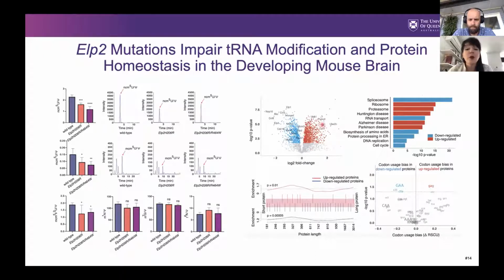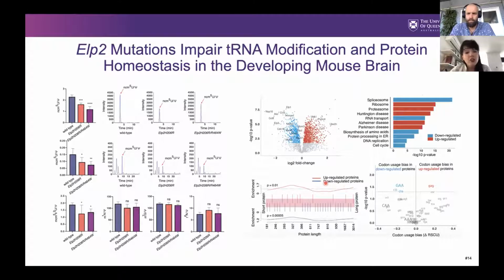Among upregulated proteins are those that are linked to certain neurodegenerative diseases characterized by UPR, like Huntington disease and Parkinson's disease, whilst downregulated proteins include cell cycle related proteins, also those important for protein processes and DNA replication.